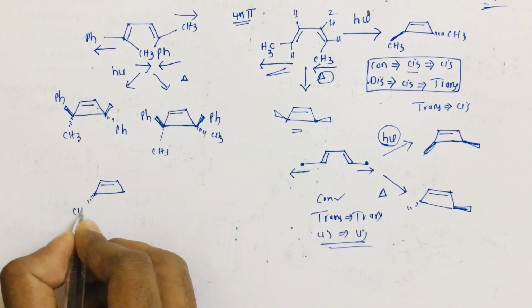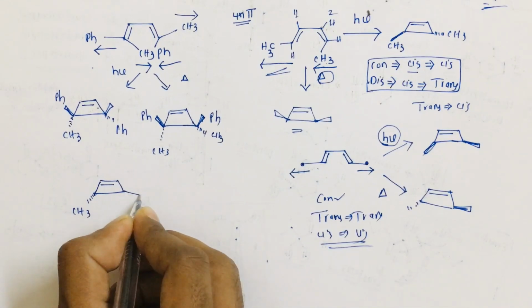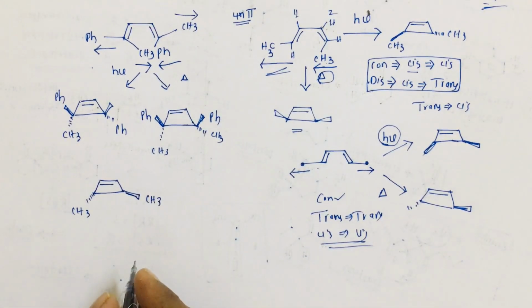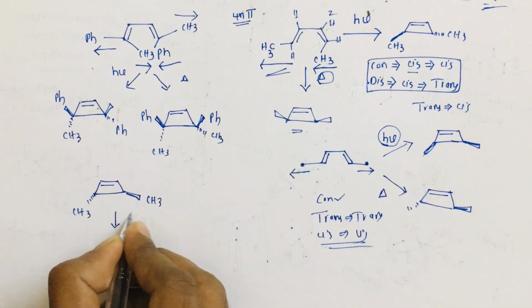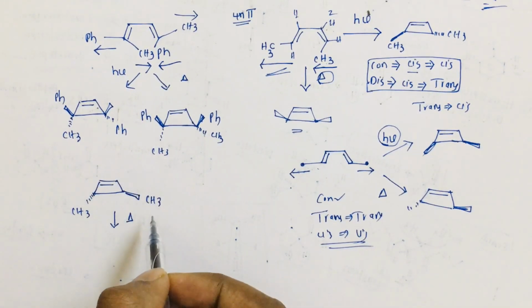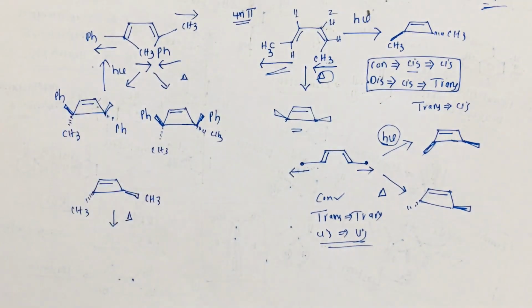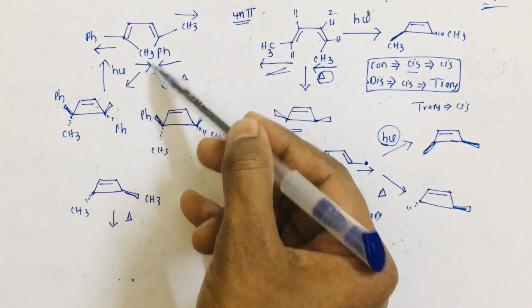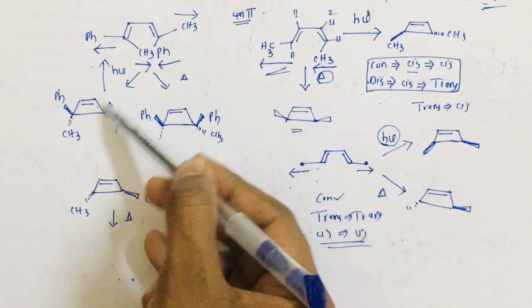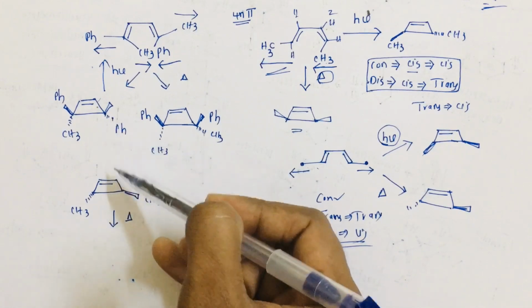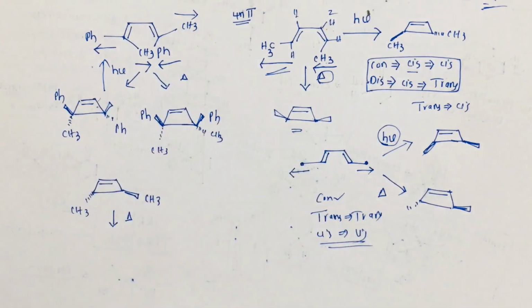Here we have a methyl group, so here now we are going from this side to this side. Okay, first we talked about cyclization. Now we are opening the ring, this is called electrocyclic ring opening reactions. We are going from product side to reactant side.